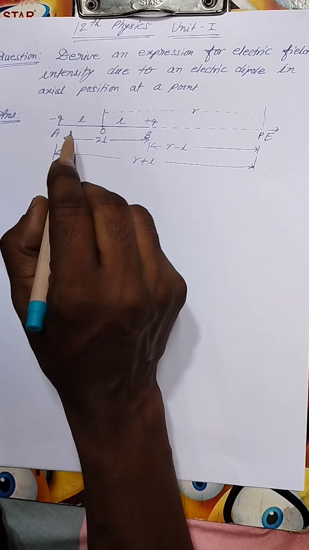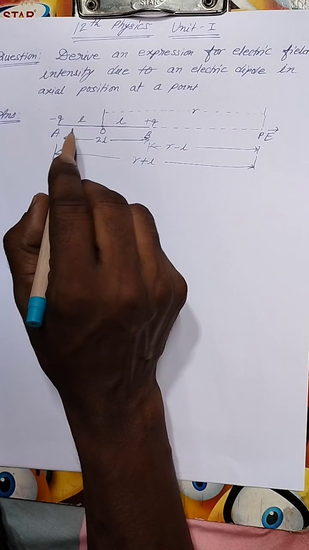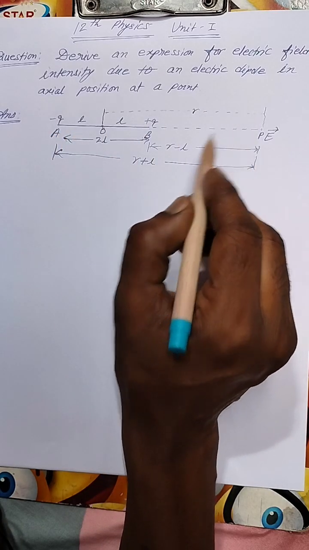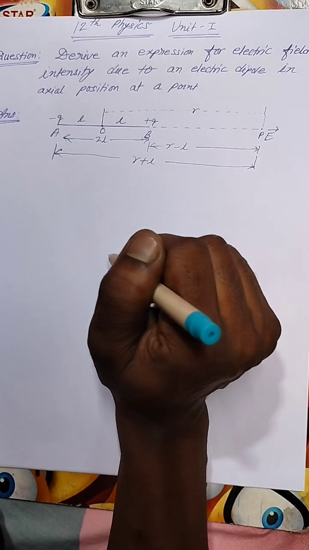So we can say the distance between A and point P is r plus L.